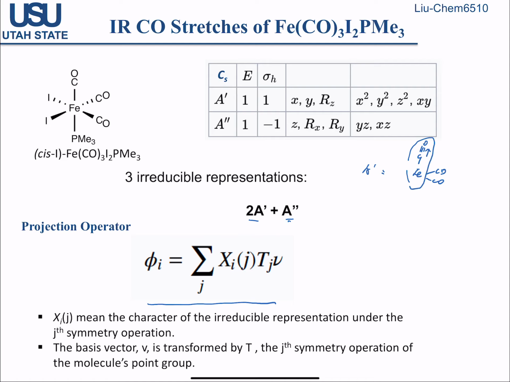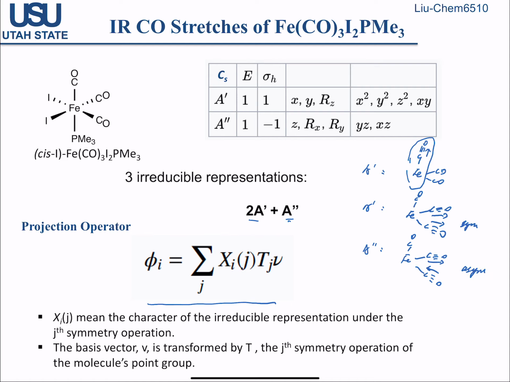That's the first A prime. The second A prime, so you involve the symmetric stretch here. Then the A double prime is going to be the asymmetric stretch, sym and asym.